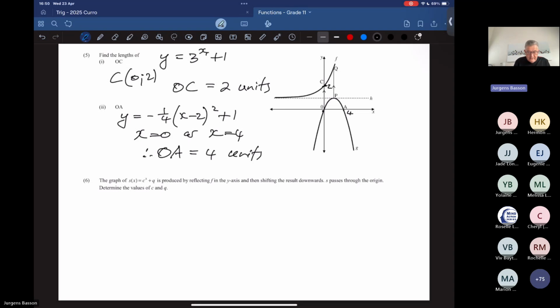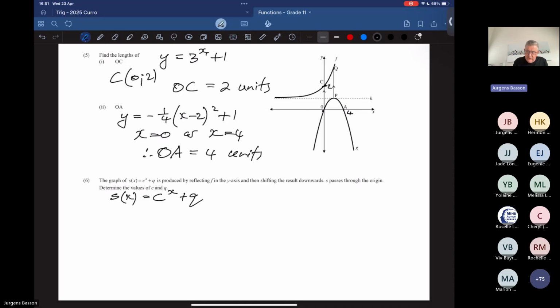The graph of S(x) equal to c to the x plus q is produced by reflecting f in the y-axis and then shifting the result downwards.